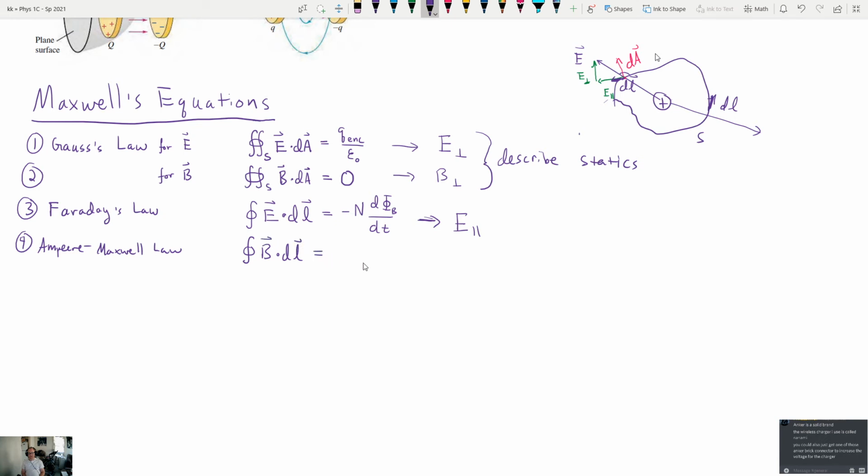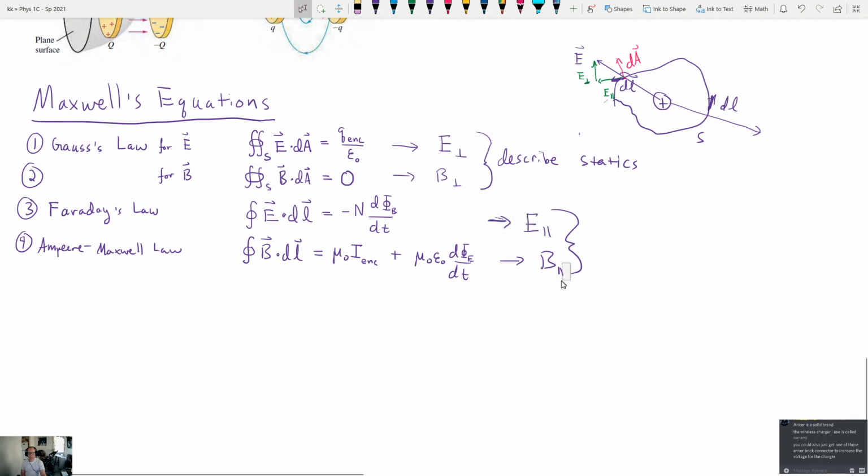Now we know that the answer to this is you get mu naught times current enclosed, where this is the conduction current now, plus mu naught epsilon naught times the time derivative of the electric flux. And similar to the previous one, this gives you the parallel component of the magnetic field, B parallel.